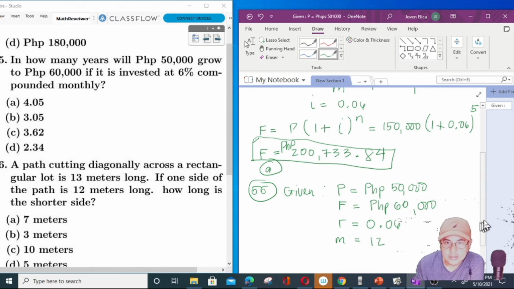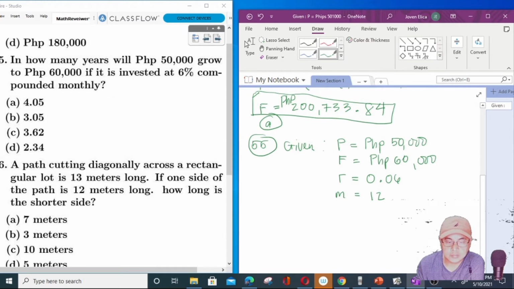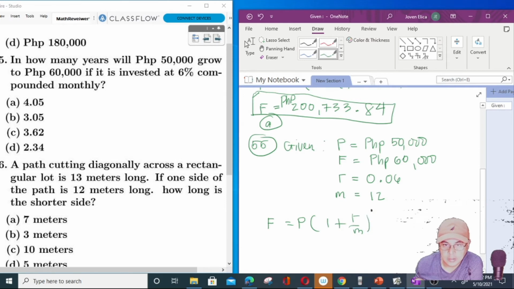Okay, so what will be our formula? Our formula will be F is equal to P times 1 plus R over M, raised to MN.